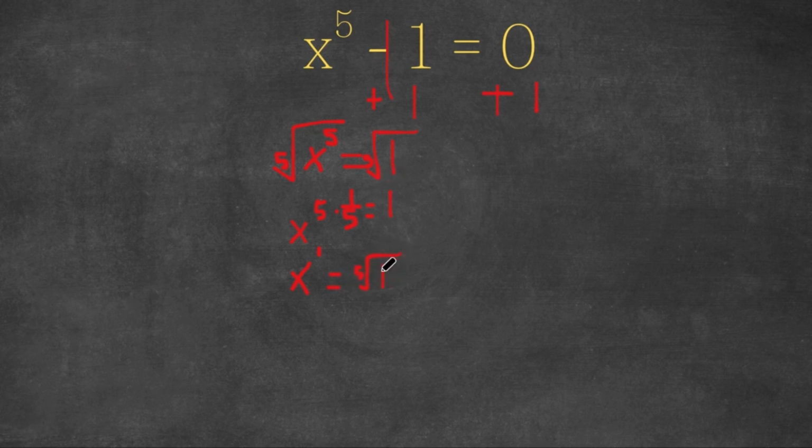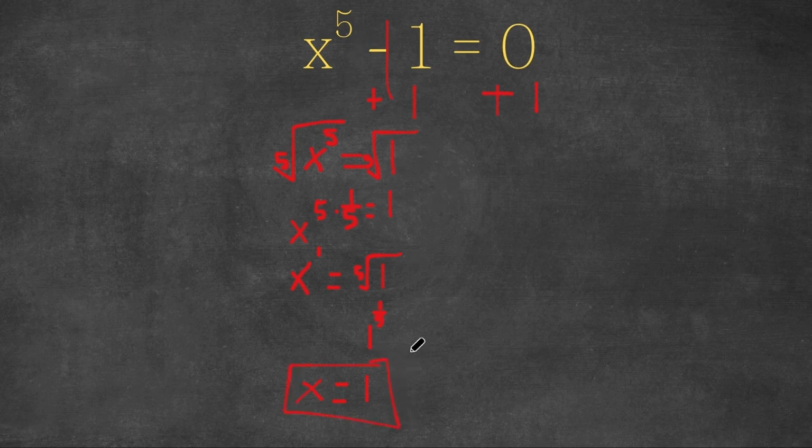Well, 1 to the root of 5, this is the same thing as 1 to the power of 1/5. And 1 to the power of anything is simply 1, because that's just how it is. So this is 1. And x to the power of 1 is x. So x equals 1. And this is our answer.